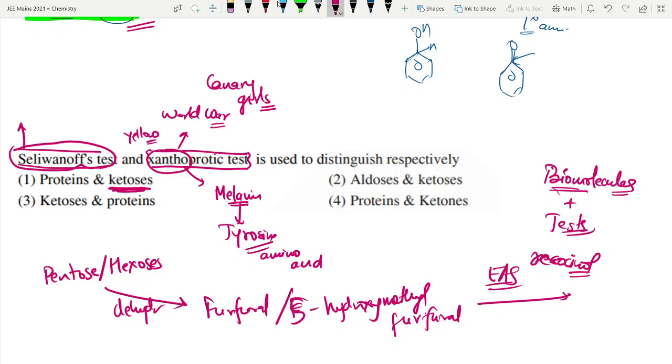So this test is to distinguish between ketoses and aldoses. So we can see very easily the answer should be ketoses and proteins, right? I don't know if the xanthoproteic test is for all proteins or not, because it's a nitration process, but here I would like to go with ketoses and proteins.